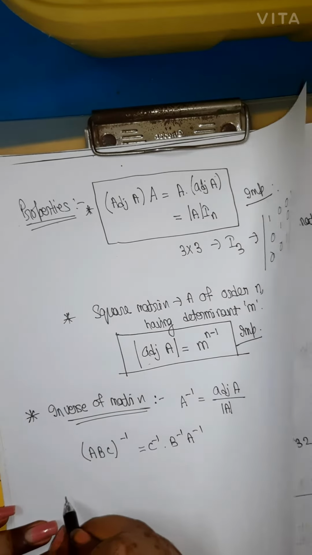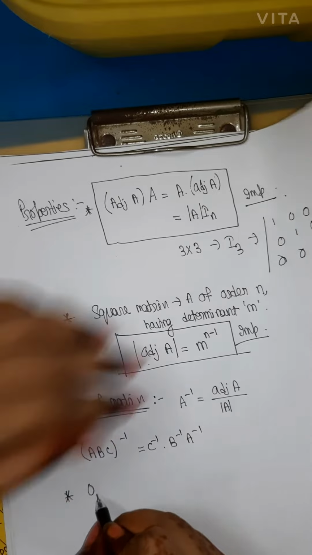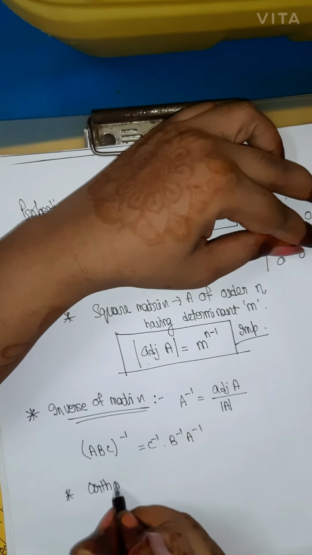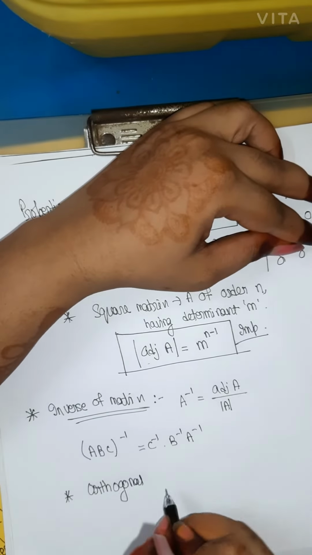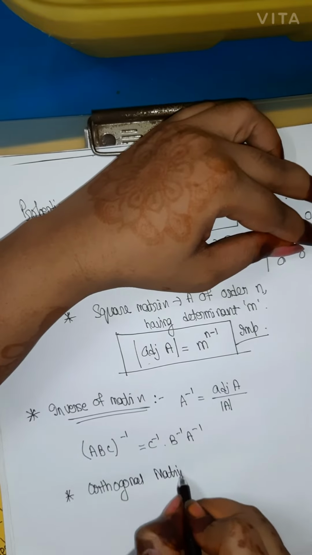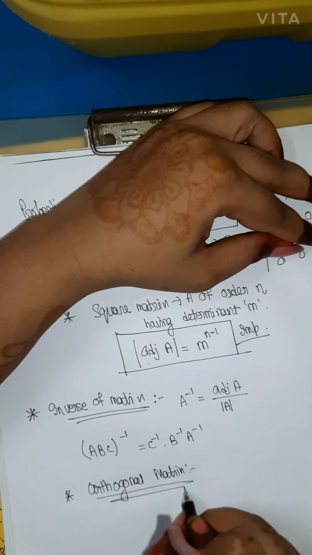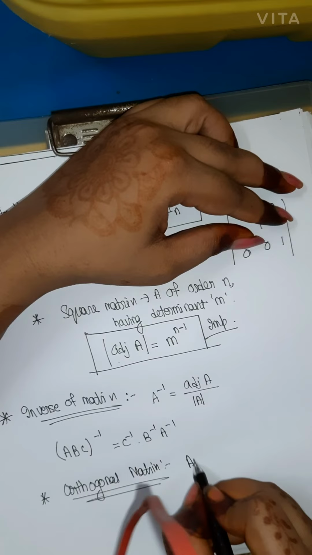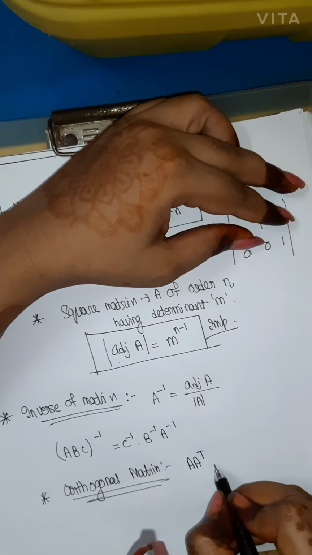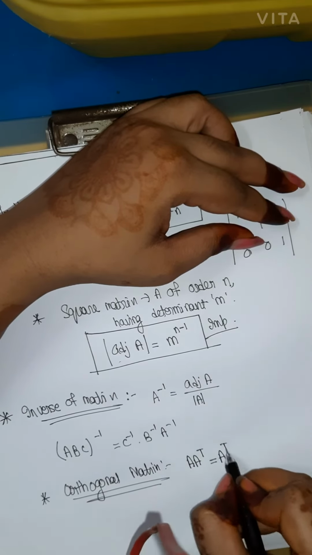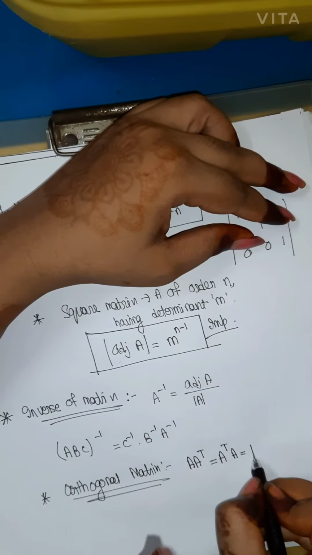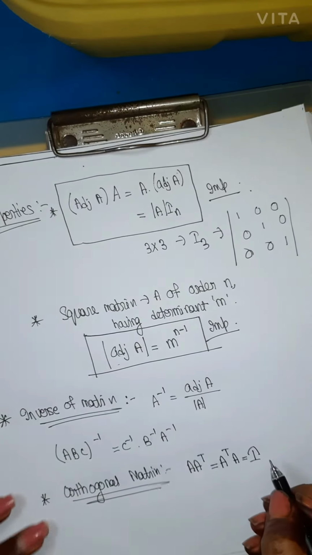So we will discuss only two more types of matrix. Number one, orthogonal matrix. A multiplied by A transpose will be equal to A transpose into A, which will be equal to identity.